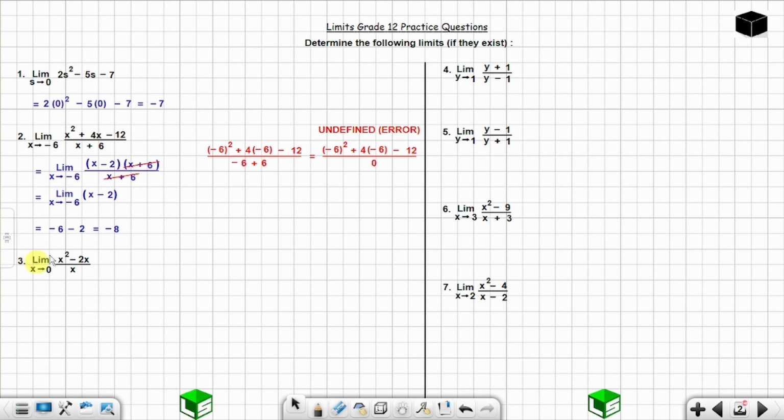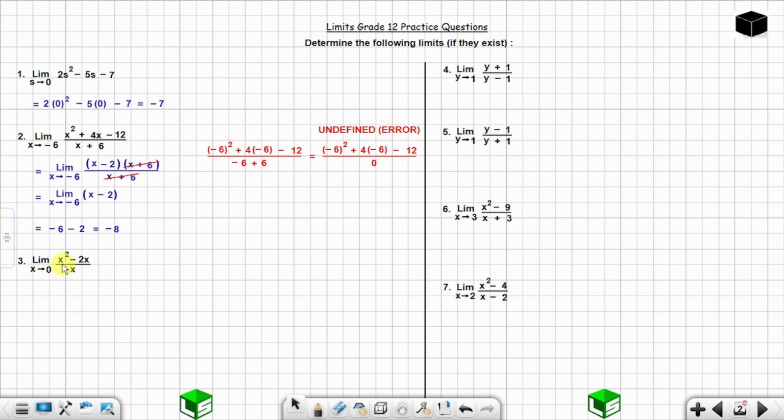Now question 3, determine the following limits if they exist. Try to plug 0 for x first and see if you are going to get an error. Always try to plug it in and see if you are going to get an error.